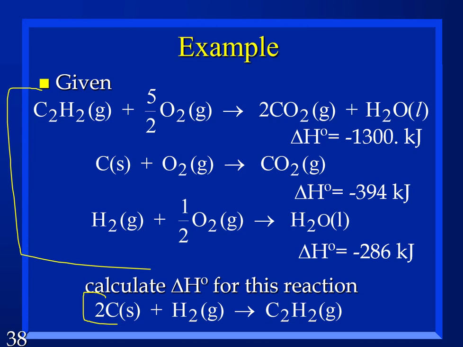I add up the equations, means I can add up the heat. So that is 2 times negative 394 plus negative 286 plus 1300 equals 226 kilojoules.